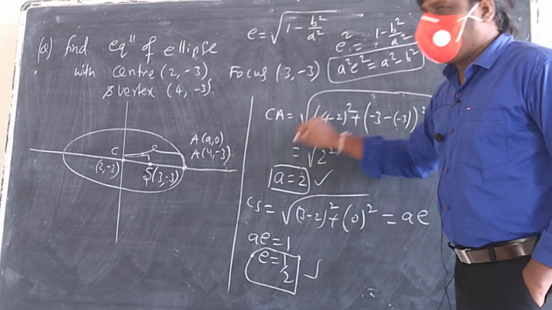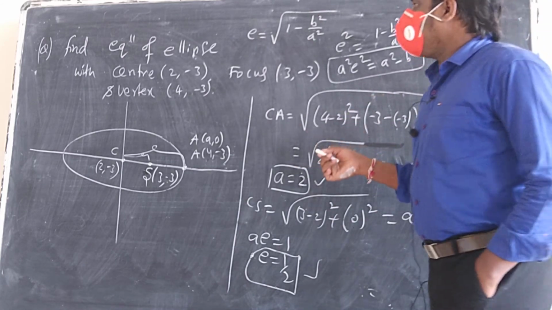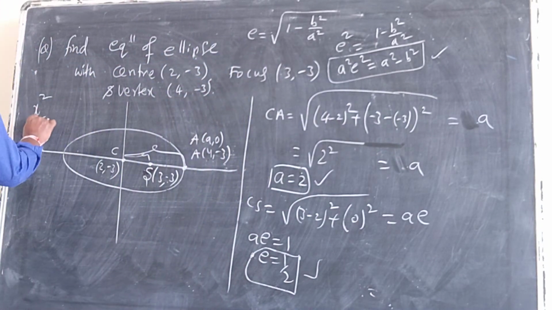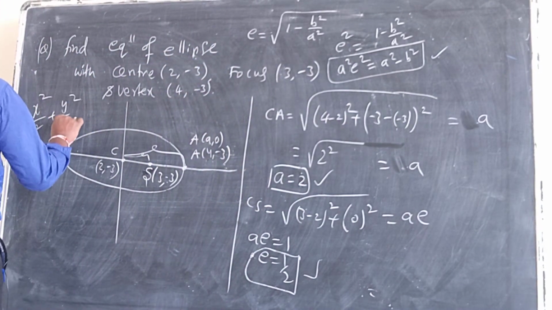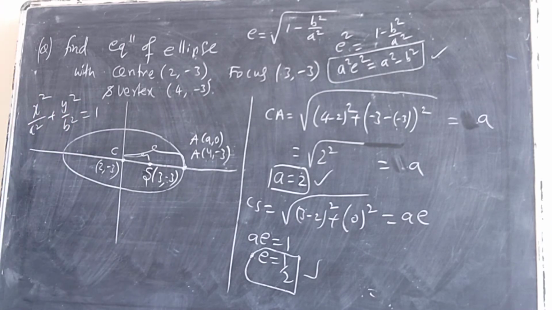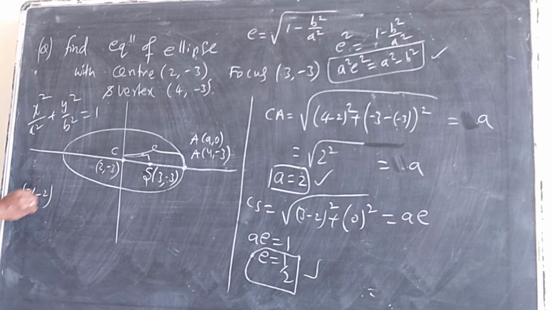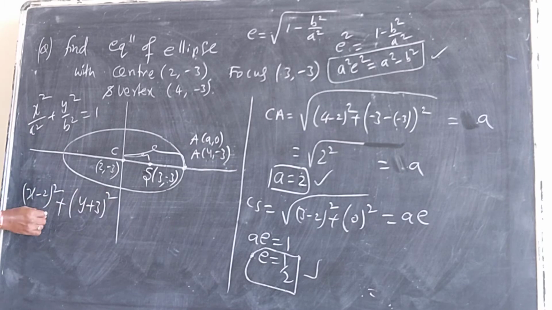So you have the A value and B value. Then what is the ellipse equation? X square by A square plus Y square by B square is equal to 1. But this is for the standard ellipse. If you have the center 2 comma 3, then this will be x minus 2 whole square by A square plus y minus 3 whole square by B square.